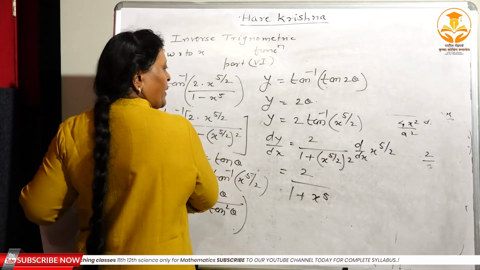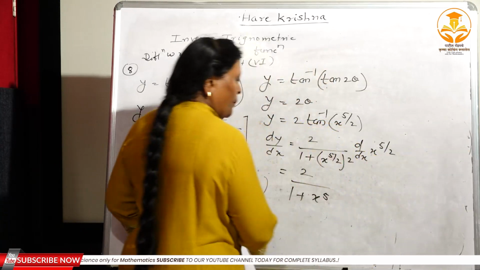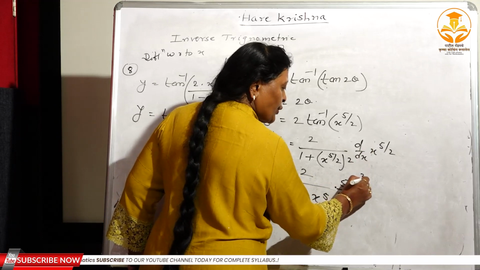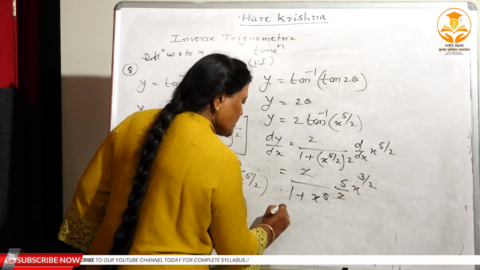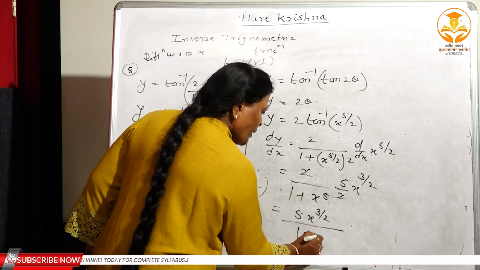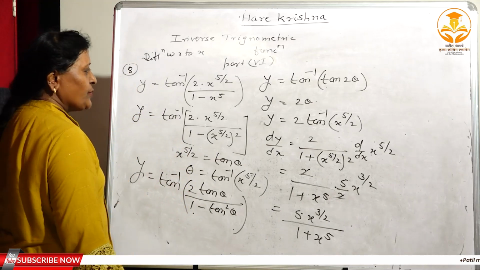And what is the formula here? What is the derivative of x to the power n? n into x to the power n minus 1. Therefore 5 by 2 x to the power 5 minus 2, 3 by 2. 2 gets cancelled, here 5 x to the power 3 by 2 divided by 1 plus x to the power 5. Right, again the 8th unusual one.